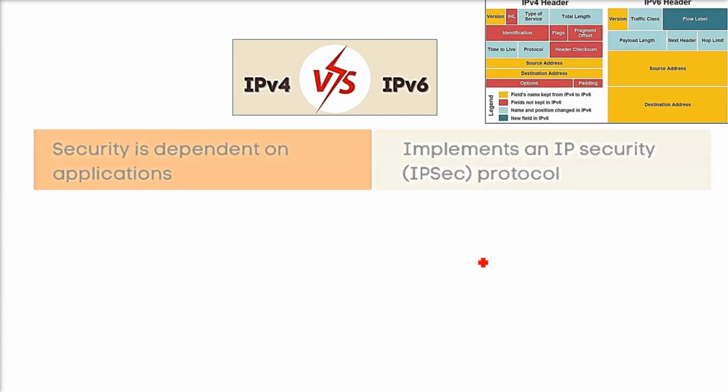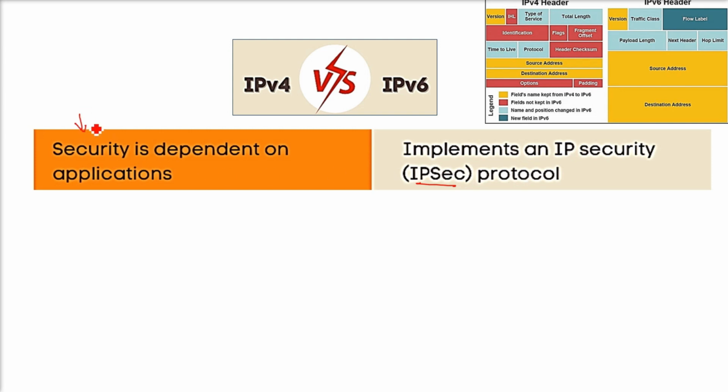If you look at the header scheme or the functionalities, IPv6 already implements the IP security protocol, IPsec. If you are using IPv4, the security is dependent on the application you are developing.